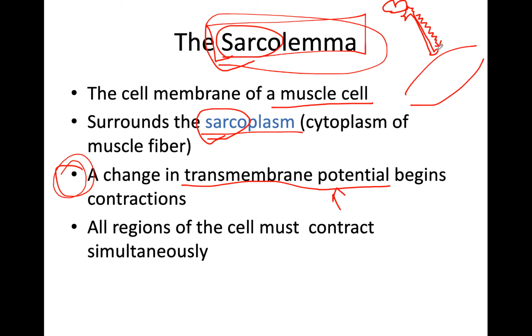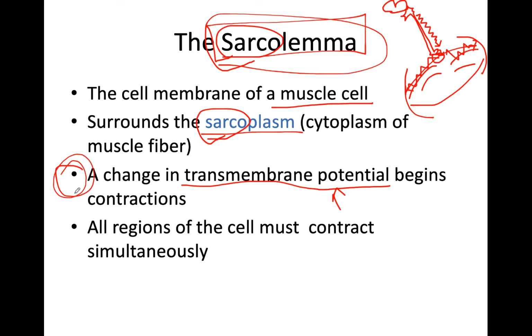Once this voltage touches one part of the sarcolemma, it shoots to the right and it shoots to the left, and it shoots that voltage all throughout the sarcolemma, which is great because even though you're just sending a signal in this region of the skeletal muscle cell, you're able to transmit that voltage all across the muscle cell to get the whole thing to contract at one time.